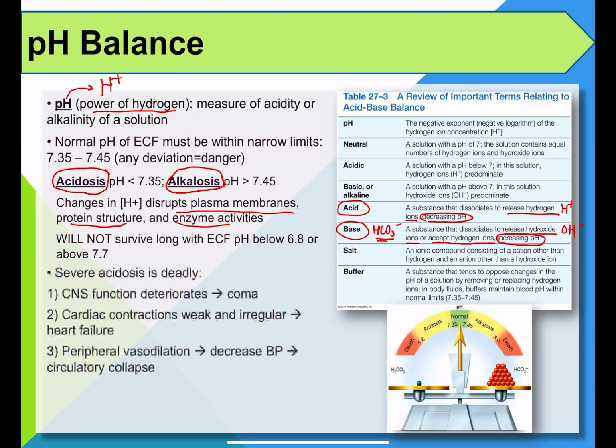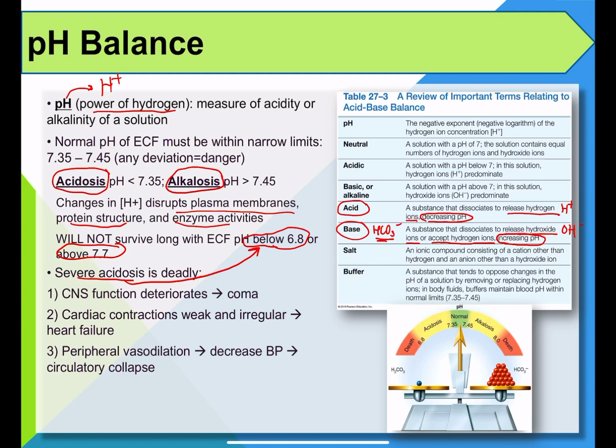If you have severe acidosis, you will not survive long. We're talking about pH either below 6.8 or pH above 7.7. So severe acidosis would have a pH below 6.8, and if it's not fixed immediately, then it can get deadly.